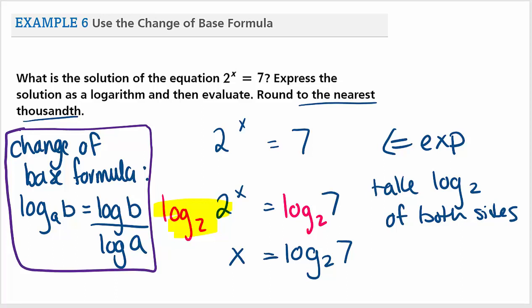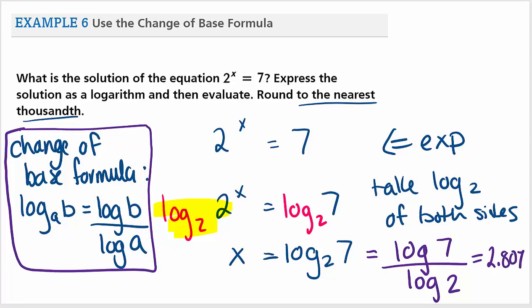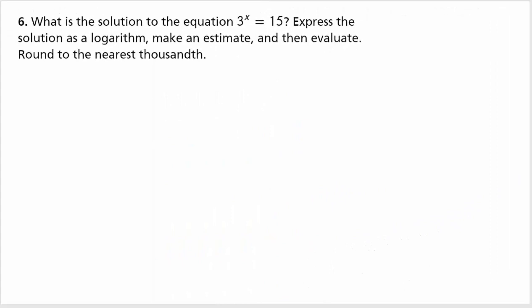If you take the logarithm of b and divide it by the logarithm of a, you can calculate this answer. So if you go to your calculator and plug in log 7 over log 2, you can actually identify the decimal, which is 2.807.